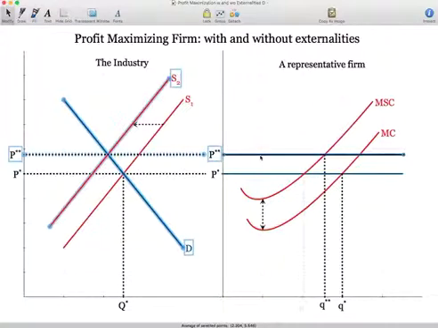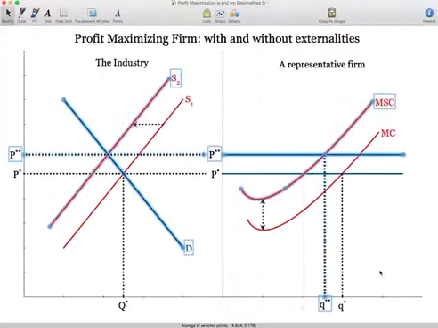So this is the new price that firms will face. And as you can see here, the new optimal level of output is going to be where marginal social cost intersects that new price. And you can see that by Q double star, we're going to see a lower level of production in the firms due to the fact that they are internalizing those external costs.